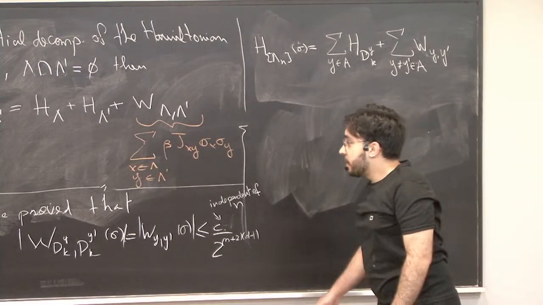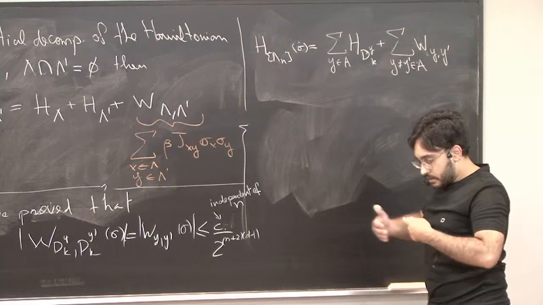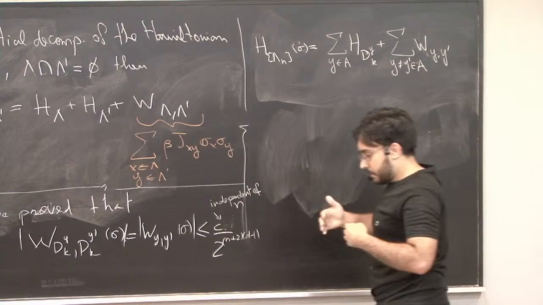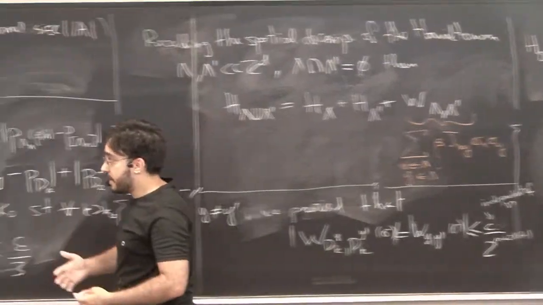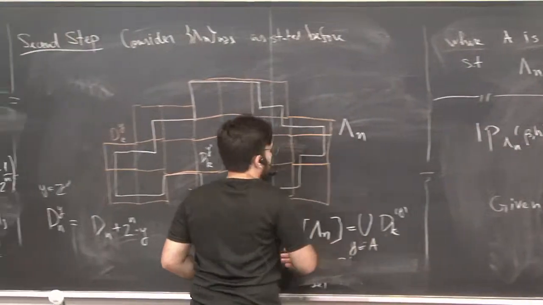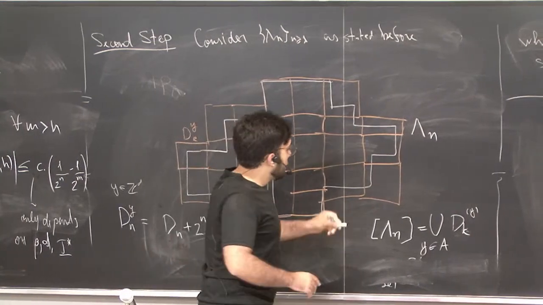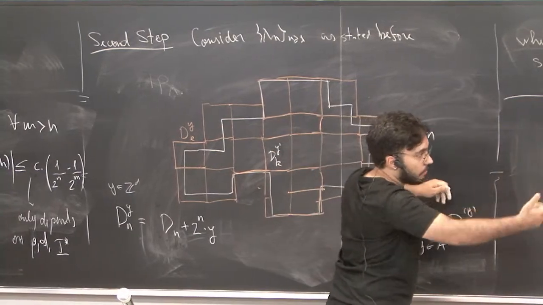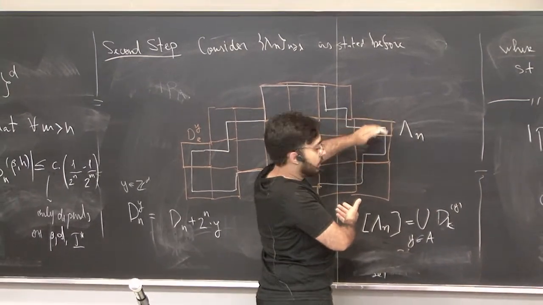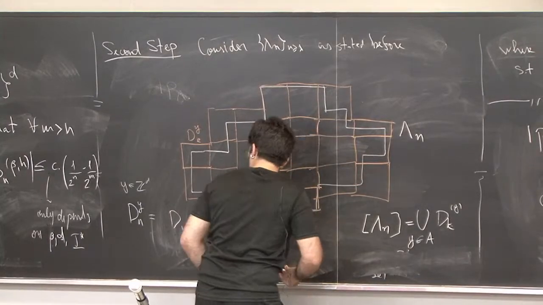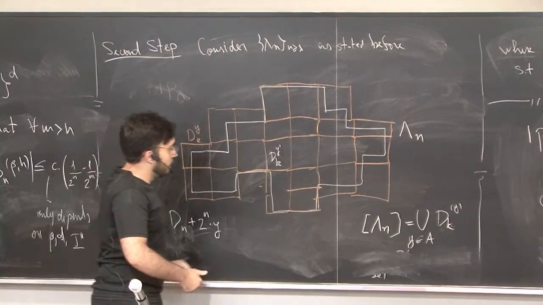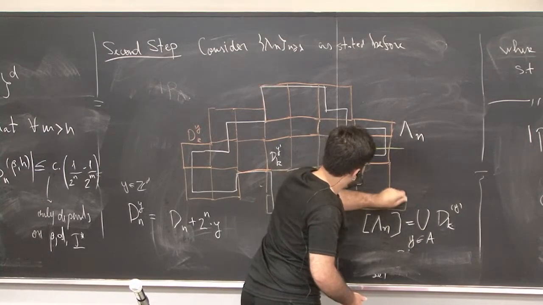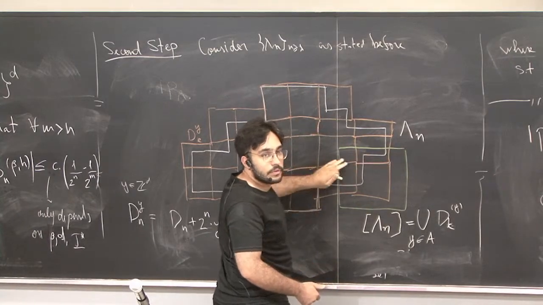The first thing that I want to say is that since we are studying the limit, and the interactions are of finite range, I can always assume that n, or in this case k, the scale of the box, is so large that the range of the interaction will always be contained in this neighborhood.